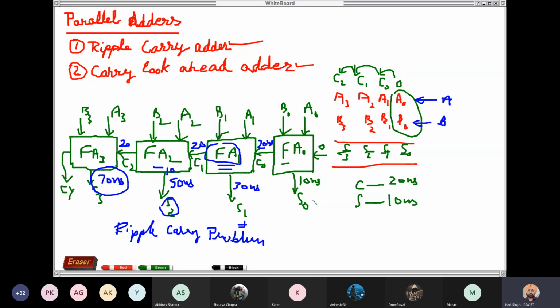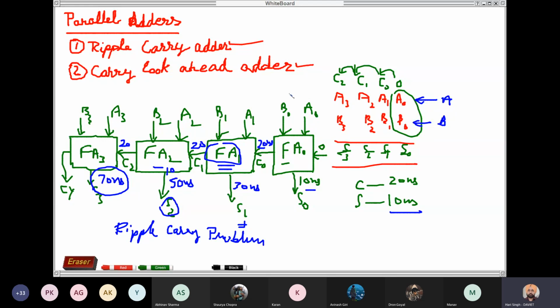See, since gates are used to design adder circuits, full adder circuits, every gate has a time delay or a propagation time. So for example, we have designed a full adder circuit which takes 10 nanoseconds to provide the output. Okay, the time will be considered from when the inputs are provided to the adder circuit.